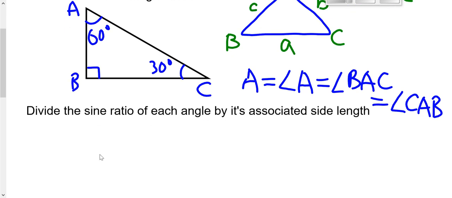So if you look at this one here, we are looking at this as my reference angle, so you might want to turn your head around, or turn your paper around, or turn your screen around.